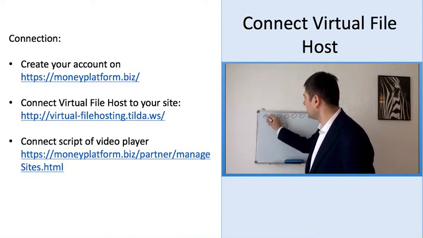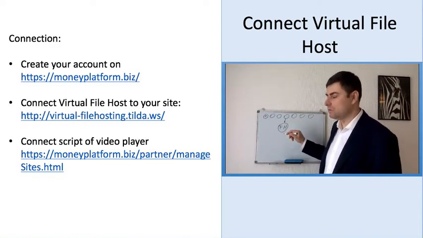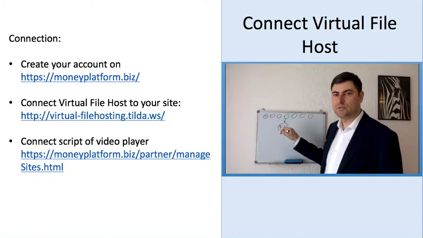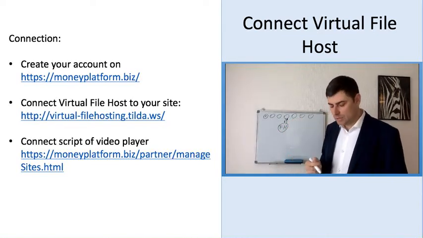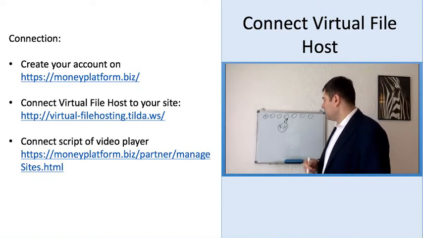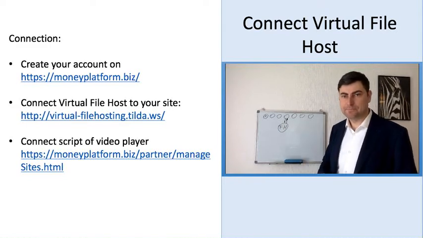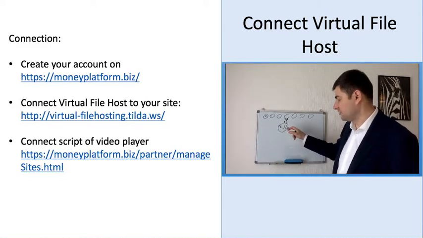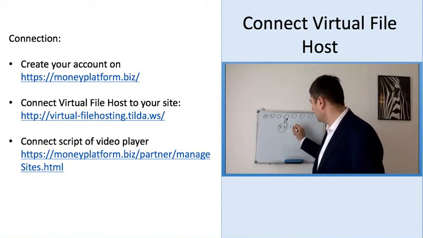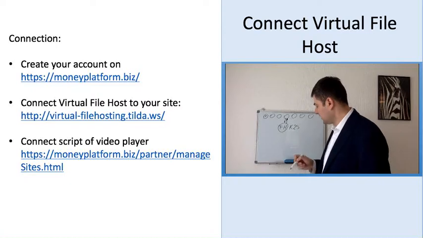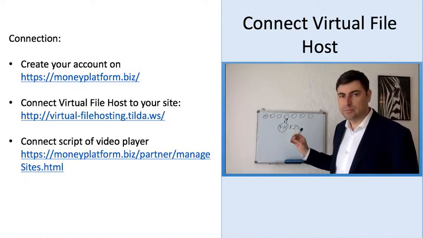These partners upload their files on file hosts, then publish this link and earn money on it. The problem is all of them are uploading on the same regular file host. For example, it will be keep2share, K2S, which is one of the file hosts of moneyplatform.biz.